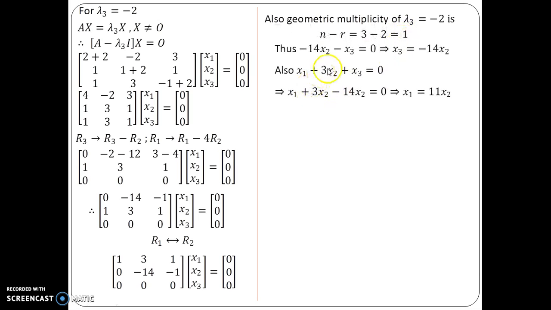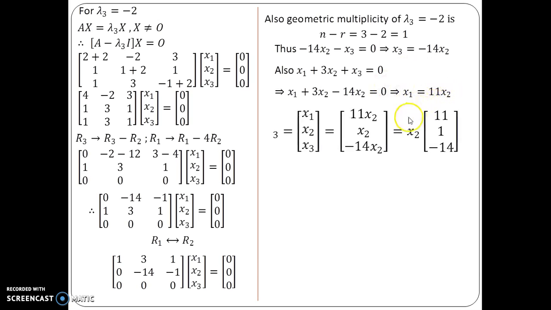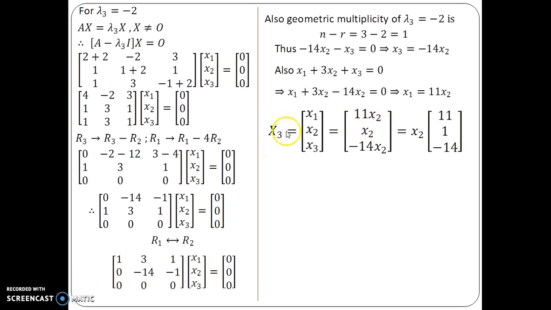And you solve the system over here. x3 is equal to minus 14 x2 and x1 is equal to 11 x2. Those are the relationships that I am getting over here. Now, for x1, x2 and x3, 11 x2 is the relationship I got for x1. x2 is the free variable over here.